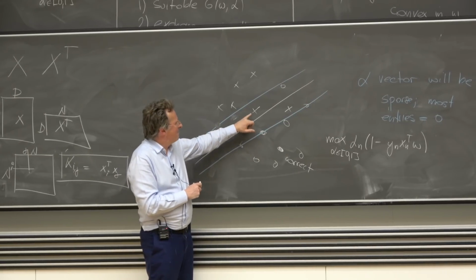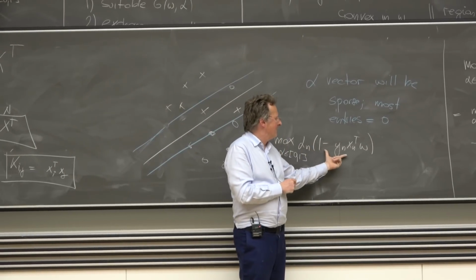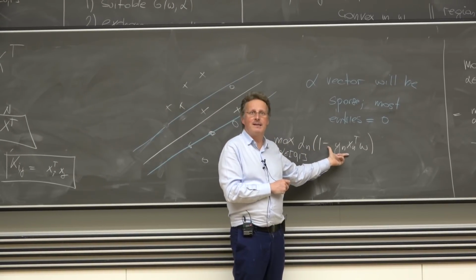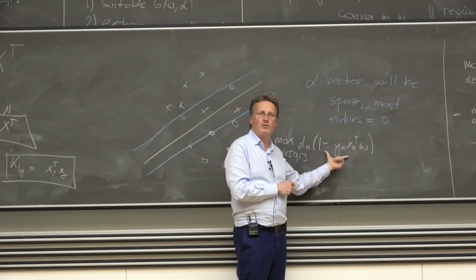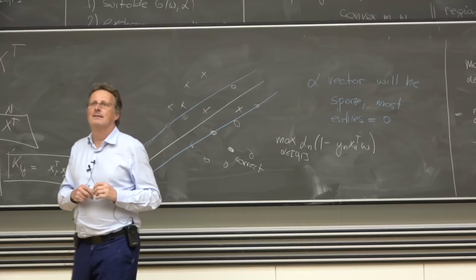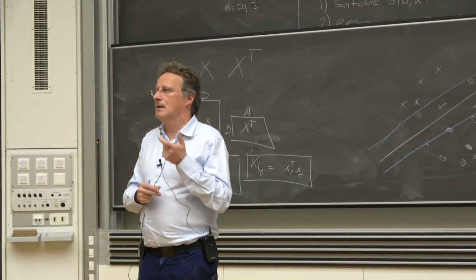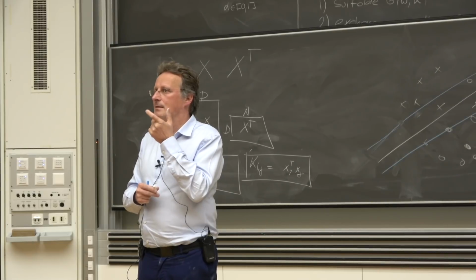And then we have some points inside here, for which the total argument is positive, so this thing is smaller than 1. What should the alpha be in this case? It's positive, and we want to maximize, so it should be 1.